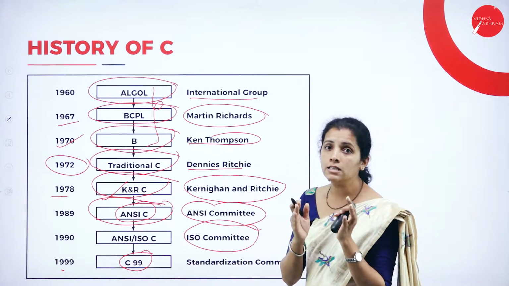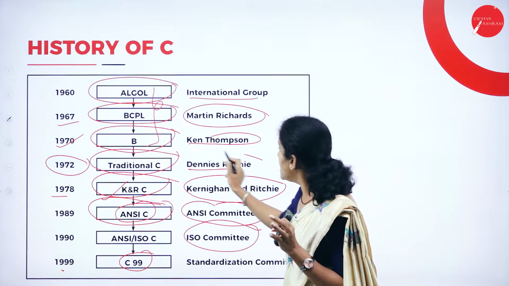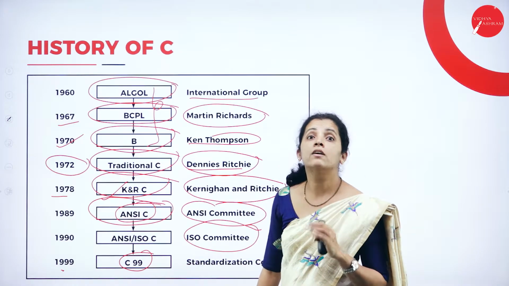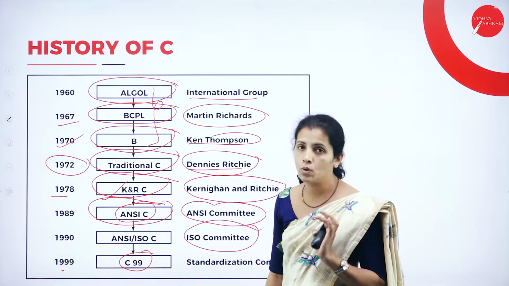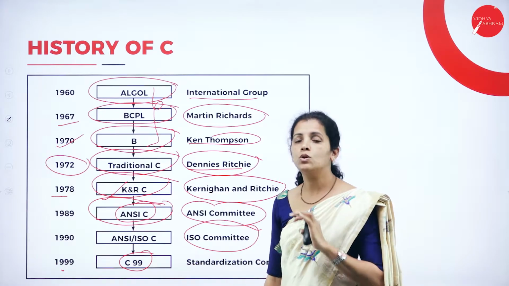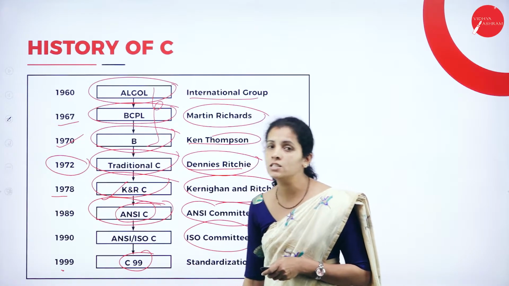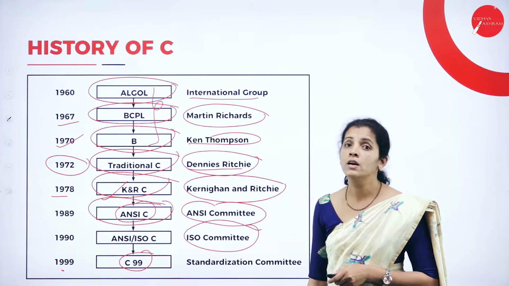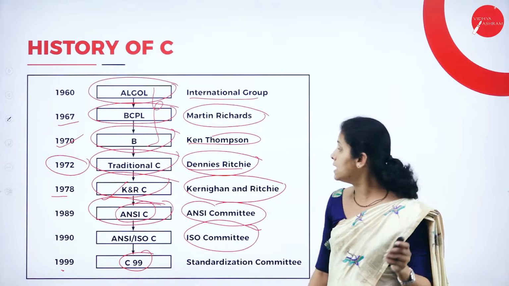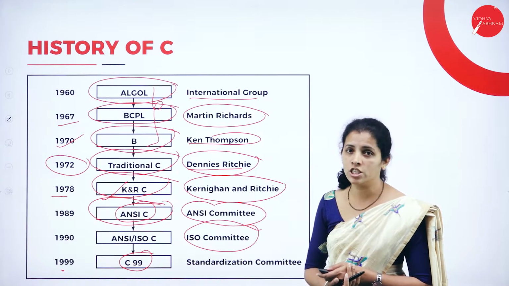For that reason, Dennis Ritchie is called the father of the C programming language. So the most frequently asked question, who is the father of C programming? That is none other than Dennis Ritchie.